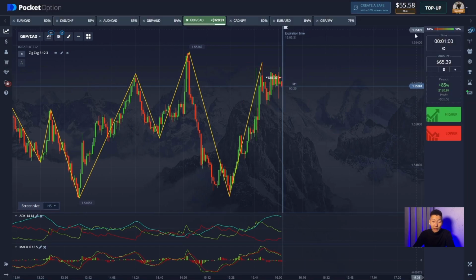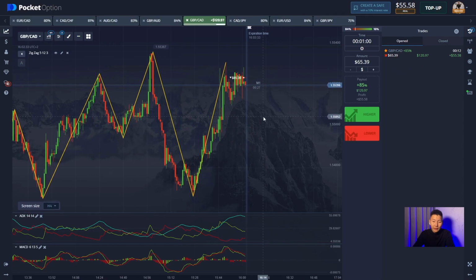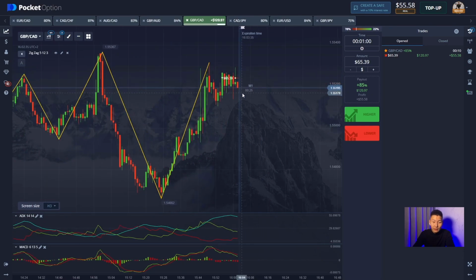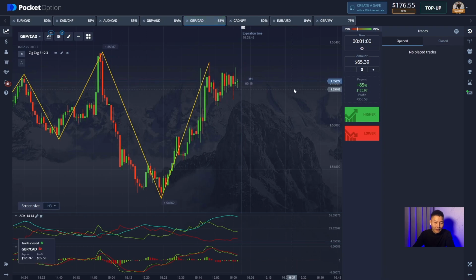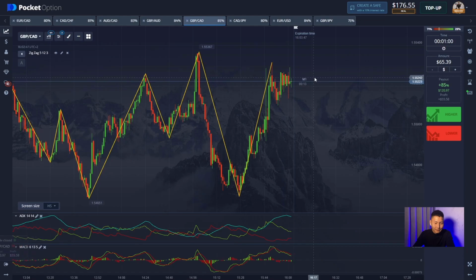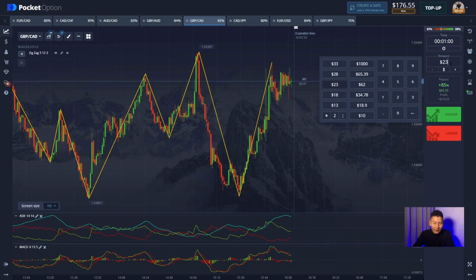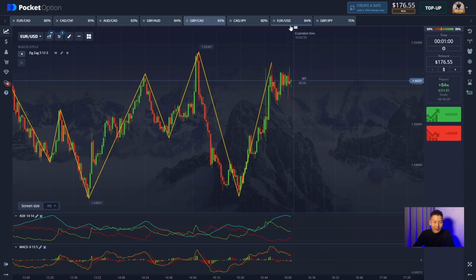That's why opening a short is the best option here, and you can see that yourself, the downward dynamics is gaining momentum. The breakout has happened, and our position has been closed with a profit, guys. Very nice. Refresh the page. Let's change the trade amount and find the next currency pair, guys.